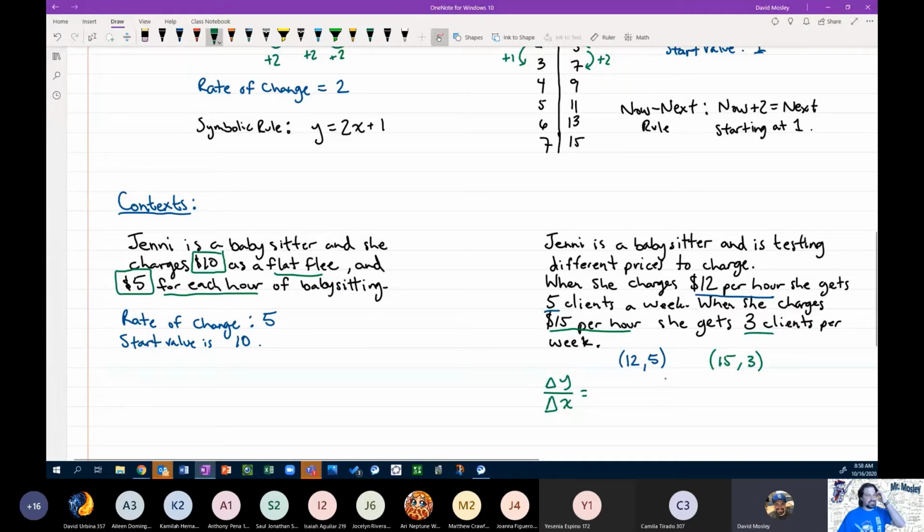In this case, the change in y is 5 to 3, that's a minus 2, divided by the change in x, 12 to 15, that's a plus 3. So we have negative 2 divided by 3. Negative 2/3 is the rate of change. It's our slope. It's a negative slope.